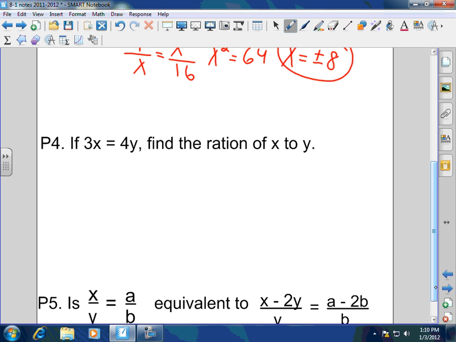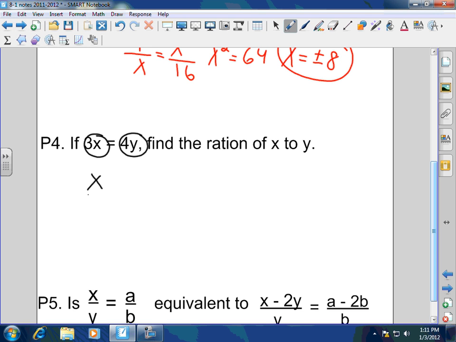Very good. For those of you that couldn't see it, I always look at what I remember about the definitions. 3x, isn't this the product of the extremes? And isn't this the product of the means? Don't I want x over y? So let's first plug in the extremes.